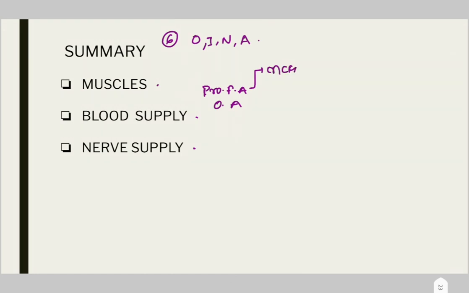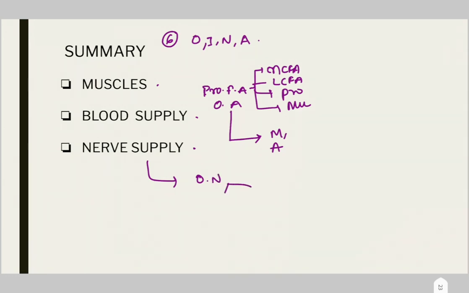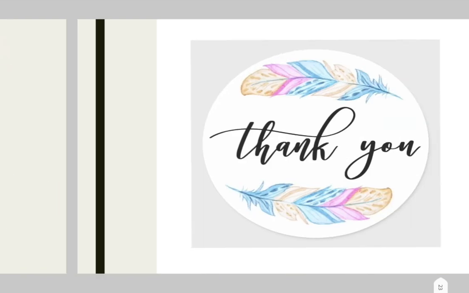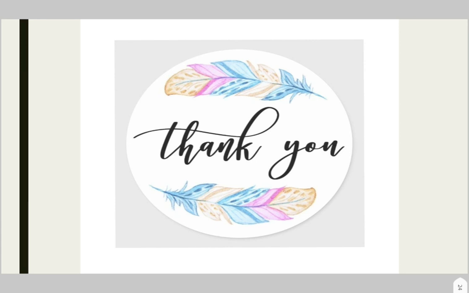It gives off medial circumflex femoral artery, lateral circumflex femoral artery, perforating branches and muscular branches. And obturator artery gives muscular and articular branches. Coming to nerve supply, obturator nerve divides into anterior and the posterior divisions. For the posterior division, remember the mnemonic POEM, and the remaining muscles are supplied by the anterior division of obturator nerve. I hope this is clear and we have come to an end.